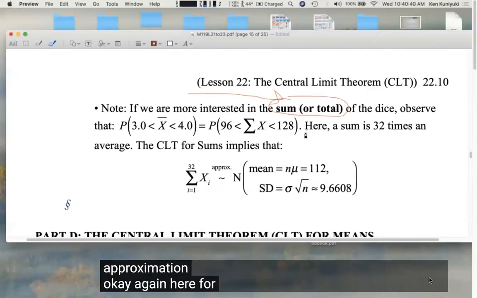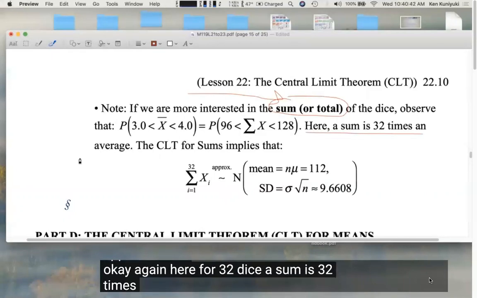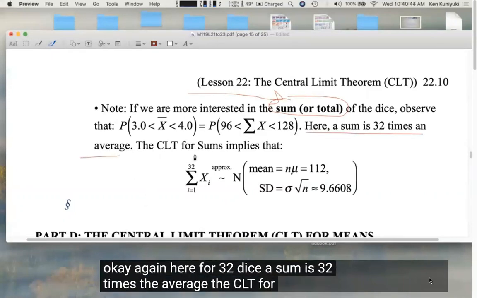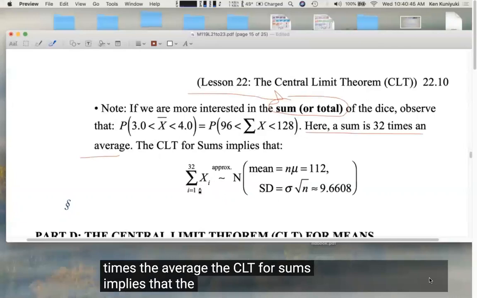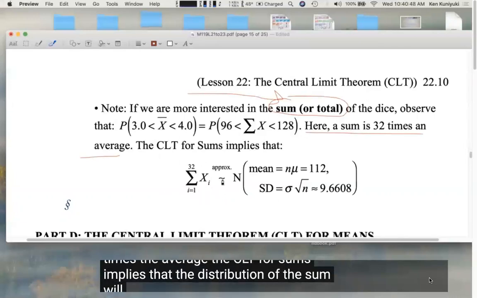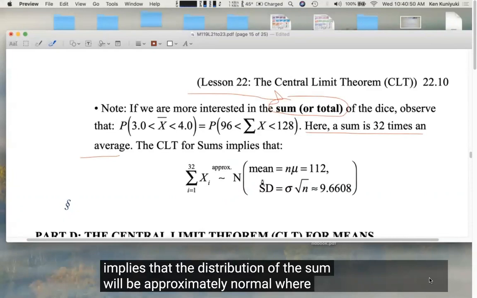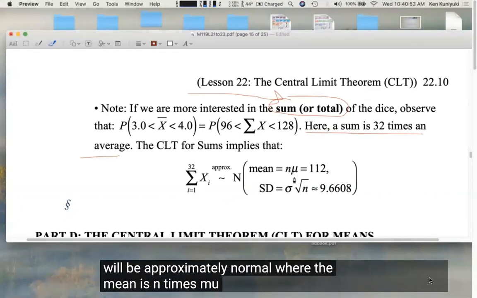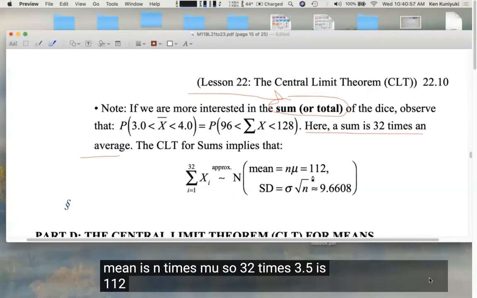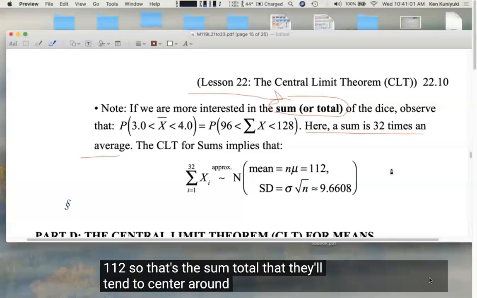Again, here for 32 dice, a sum is 32 times the average. The CLT for sums implies that the distribution of the sum will be approximately normal, where the mean is n times mu. So 32 times 3.5 is 112. So that's the sum total that they'll tend to center around.